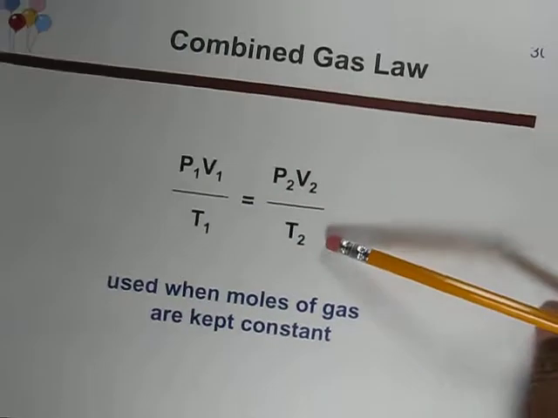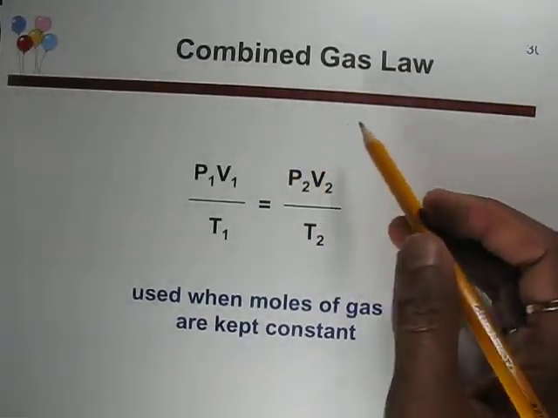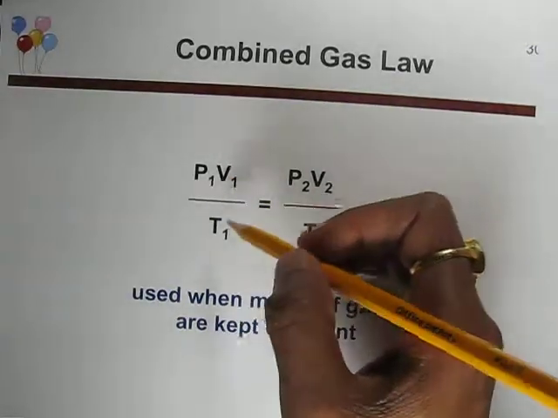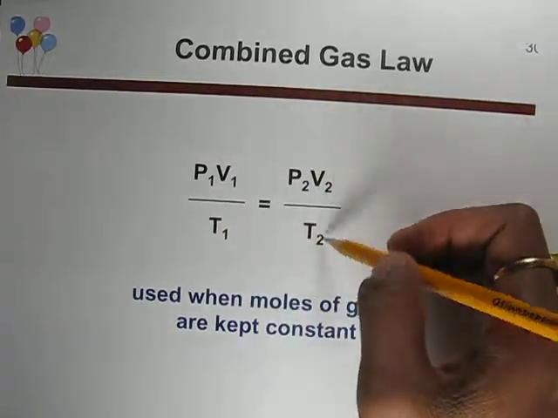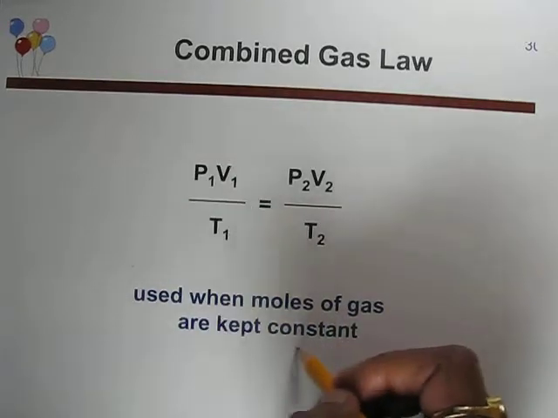So this was an application of the gas law. And if we have to compare two conditions in the gas law, we can write P1 V1 over T1 is equal to P2 V2 over T2, where the moles of gas are kept constant.